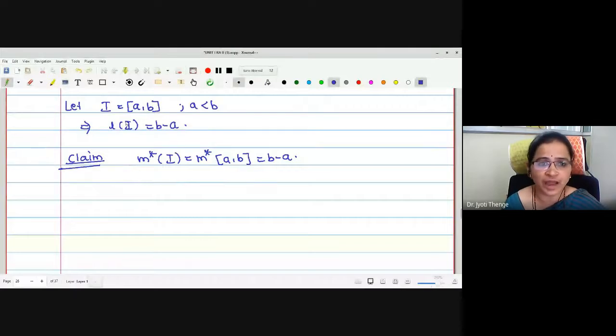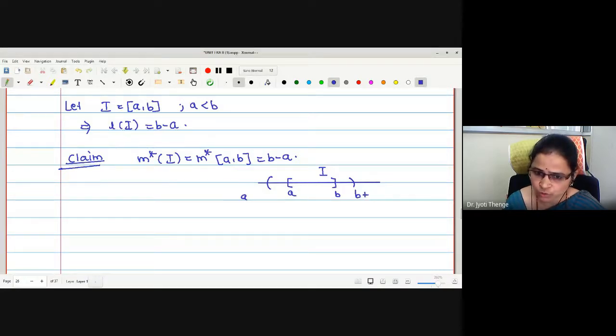Now, as we have started with I to be a closed and finite interval, according to the definition of an outer measure, our aim is to find an open covering containing this interval I. May I write the open interval covering this I with some positive epsilon, say a minus epsilon to b plus epsilon? Is everyone agreed that this closed and finite interval I is now contained in this open interval?